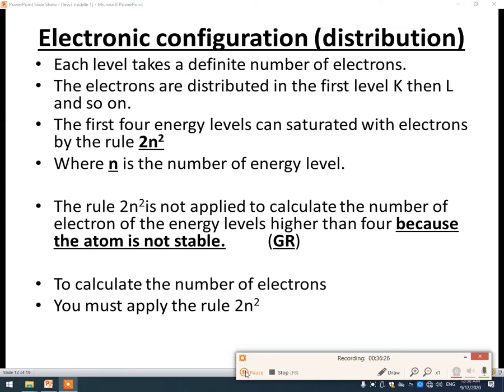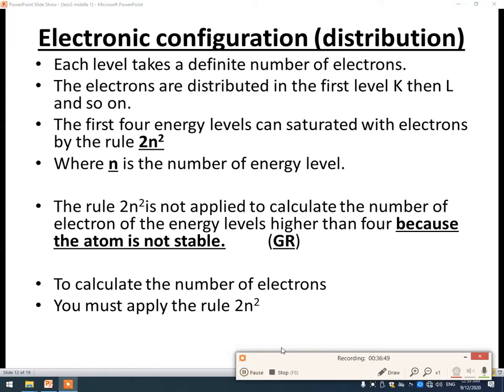So only 2 electrons will be distributed in energy level K. Another example, energy level L can take only 8 electrons. So only 8 electrons can be distributed in this level, and so on.